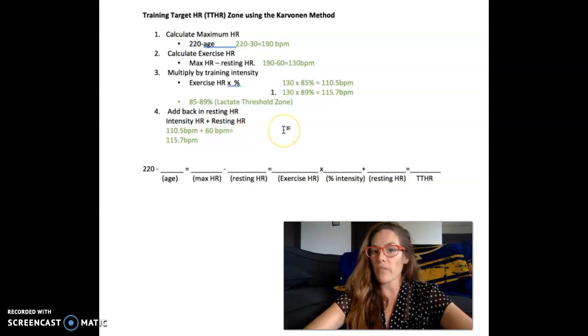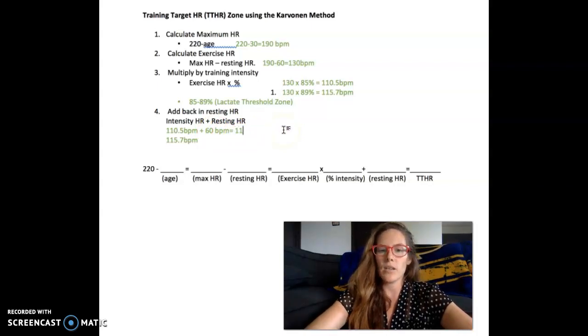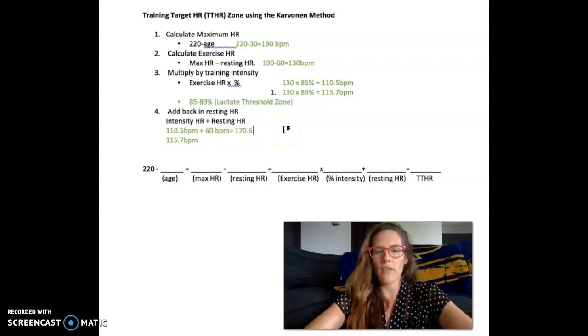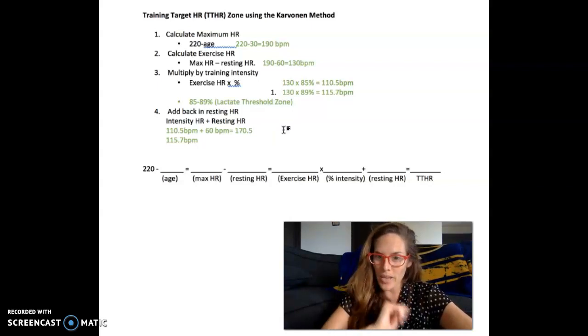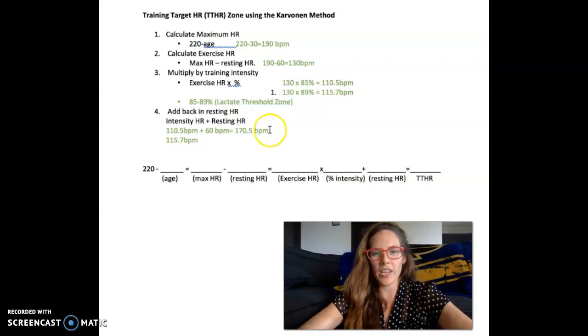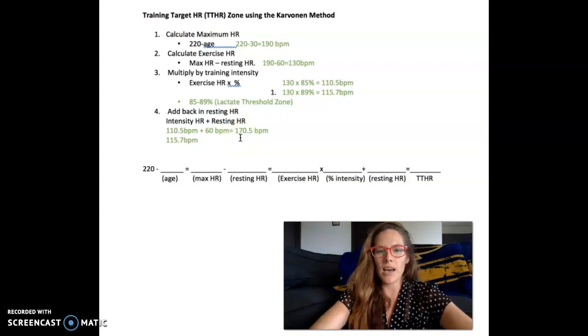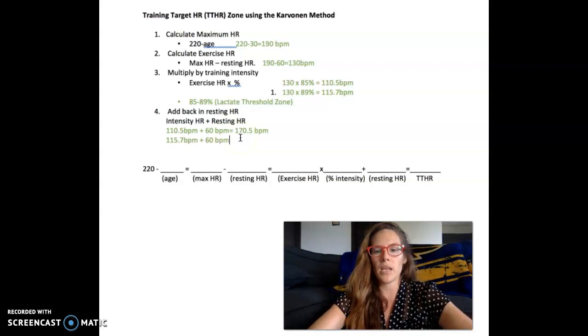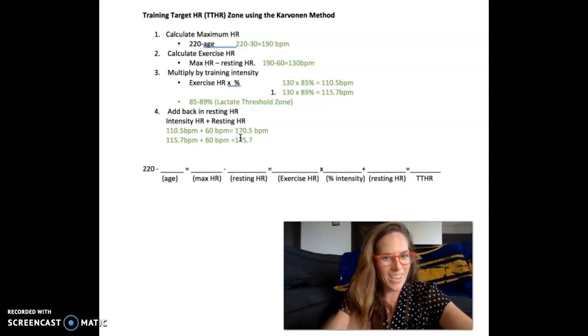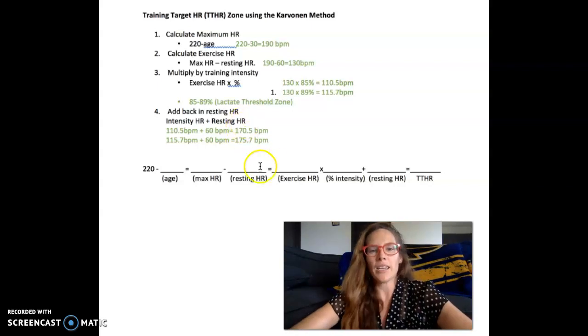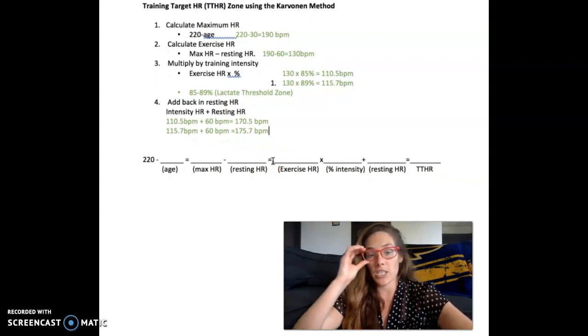So 110.5 plus 60 is 170.5 what? Beats per minute. You're not going to forget that. All right, then at the higher end, 115 plus 60 beats per minute gives us 175.7 beats per minute for that total calculation, okay?